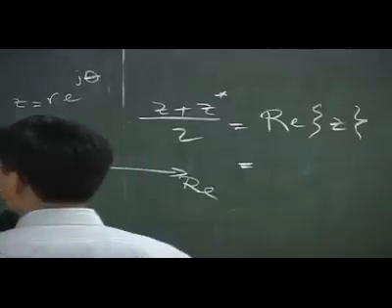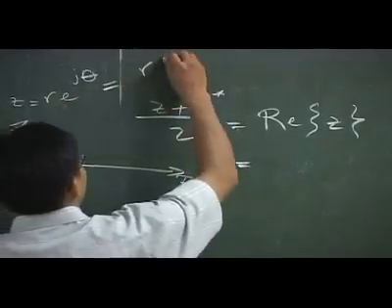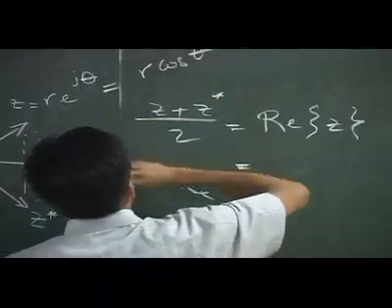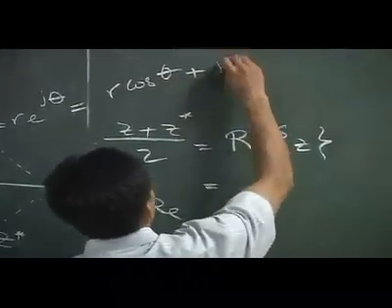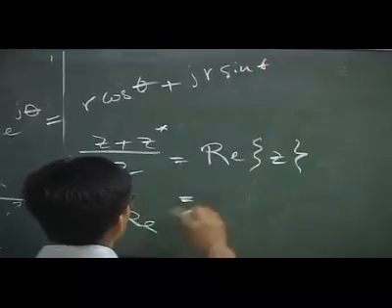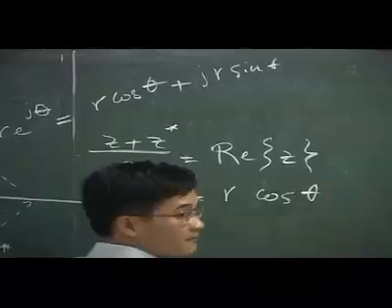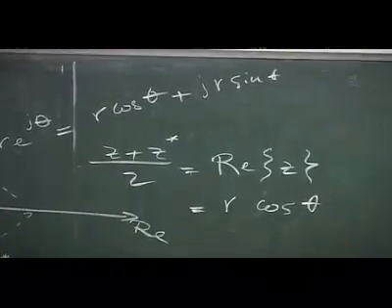And what is the real part of z? This is equal to r cos theta plus j r sin theta, so the real part is simply r times cos theta. That's simple.